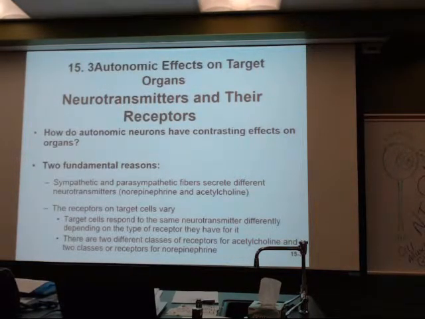So there are two ways that can happen. All right? So once again, let's go back to the structure of a cell. Do you guys remember something called a G protein complex? What was it?